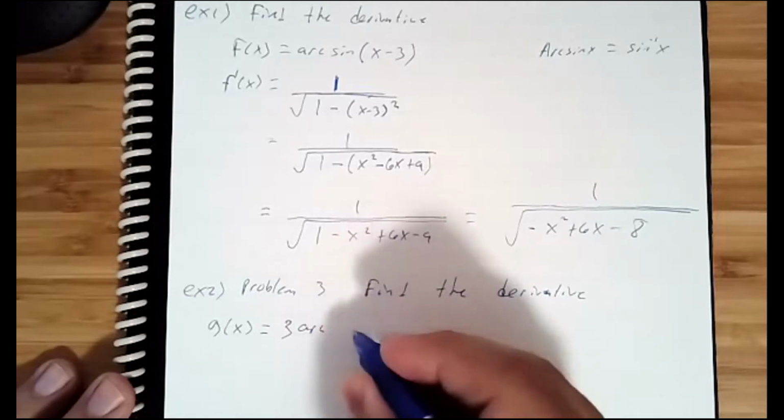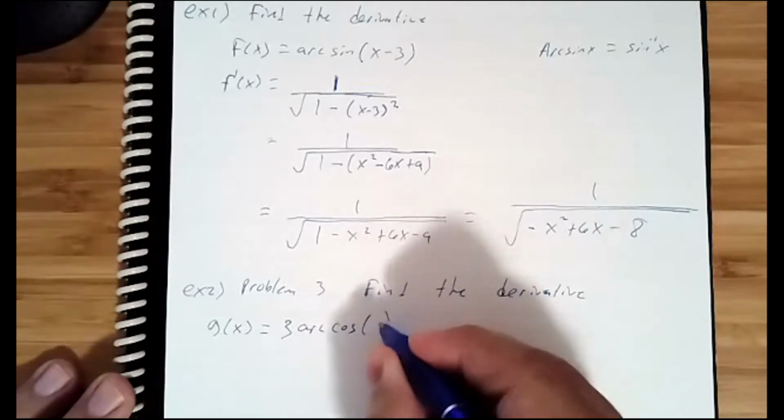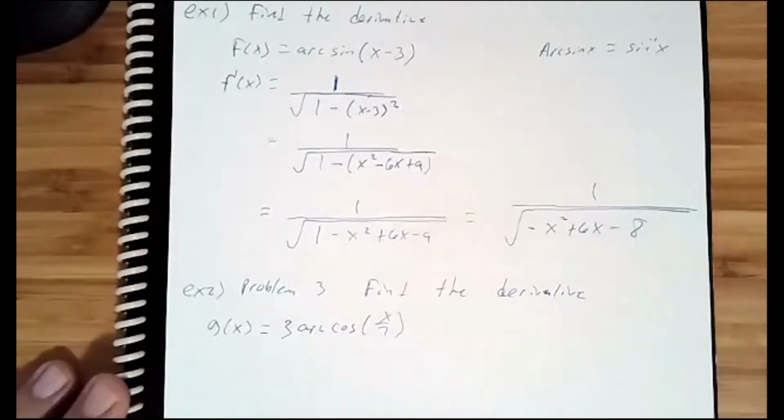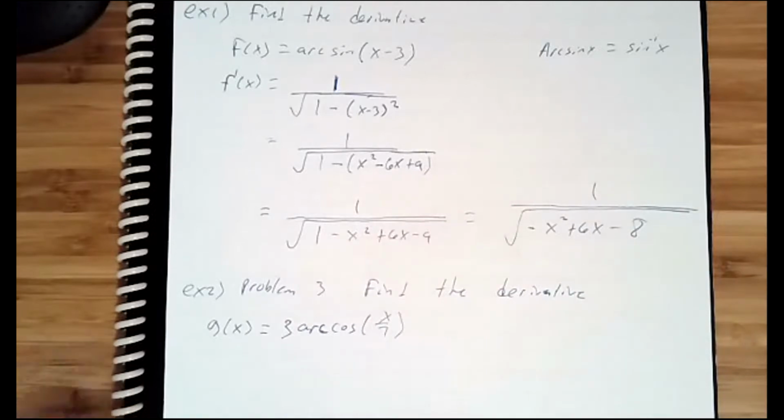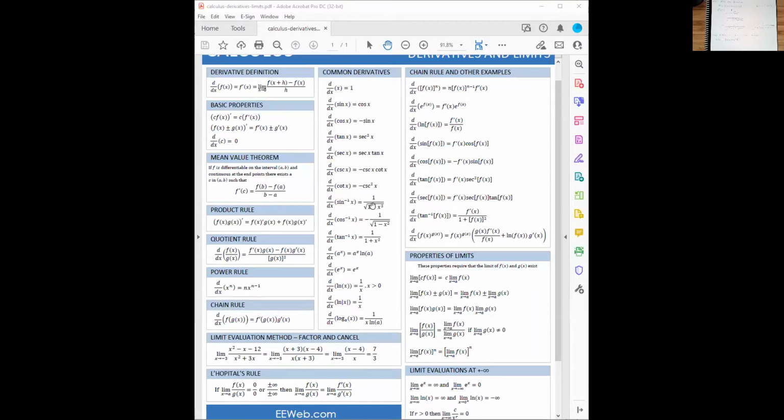So this will be arc cosine of x over 7. So arc cosine, let's find the formula. So here it is. So it's going to be the same thing as sine, except it has a minus sign.